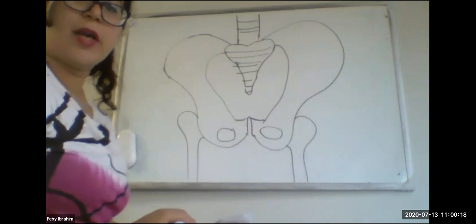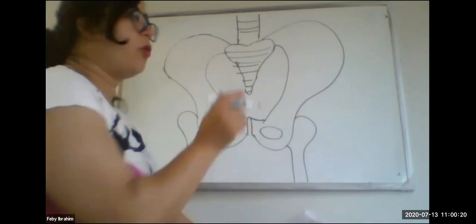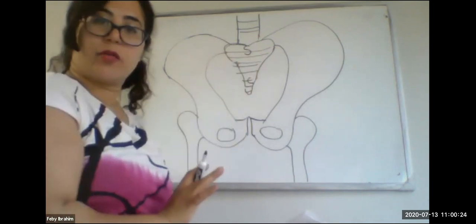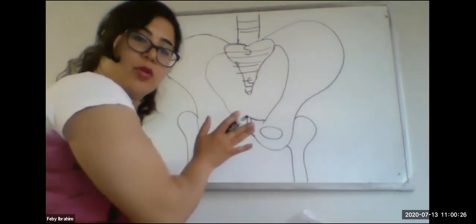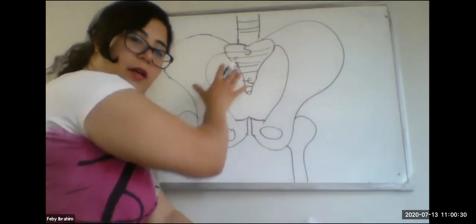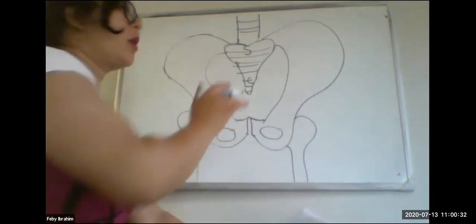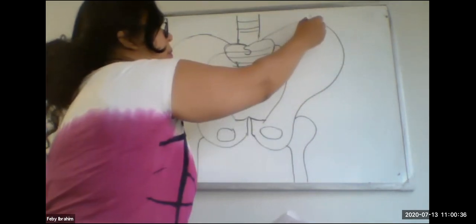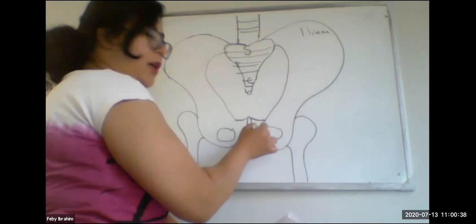Okay, guys, please pay attention. This one is a sacrum and this is a coccyx, right? This should be a posterior view. Sacrum and the coccyx are posterior. And then we have the ilium, right? This is the ilium, and this is the ischium.